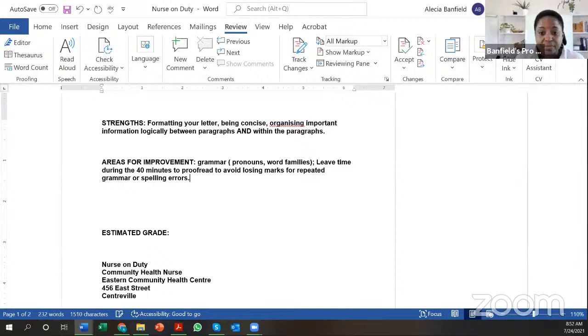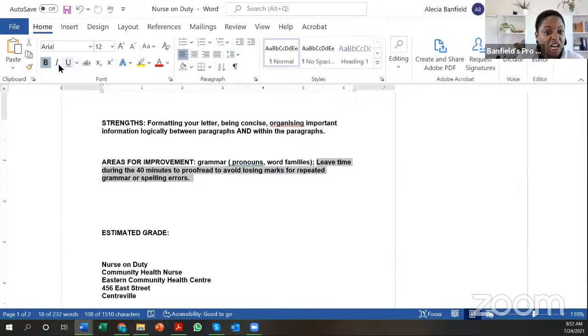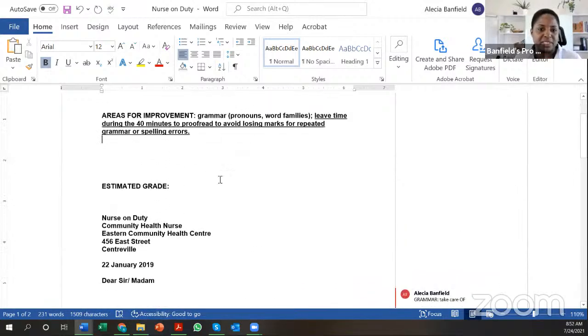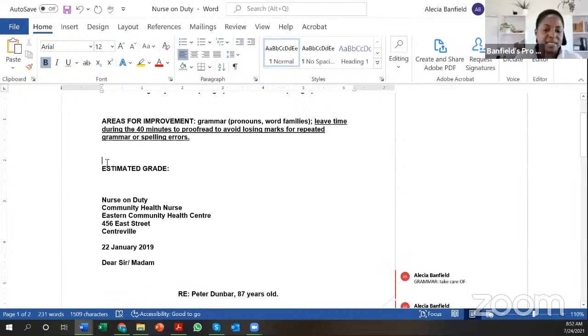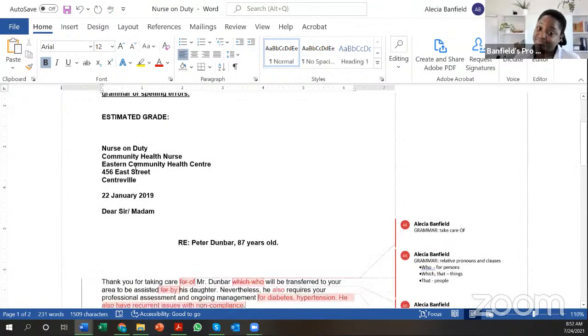I usually also underline that so you get the point. Because you are correcting yourself as we are talking, which means you now recognize the mistakes you're making, which means you didn't need to make those mistakes and lose those marks.